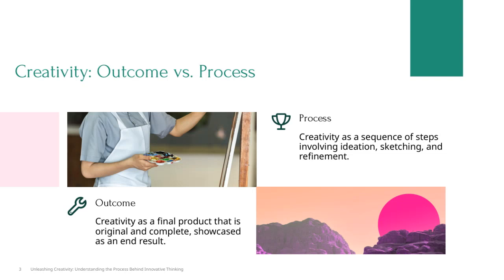Here we explore creativity from two important perspectives: outcome and process. On one side, creativity as an outcome focuses on the final product, something original, complete, and ready to be showcased. Think of it as the trophy that represents success in creative work. On the other side, creativity as a process emphasizes the journey, a sequence of steps like ideation, sketching, and refinement.